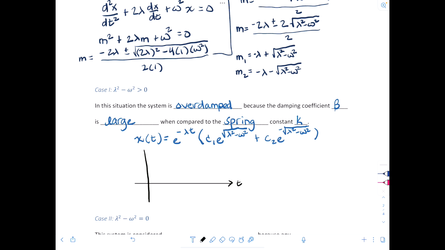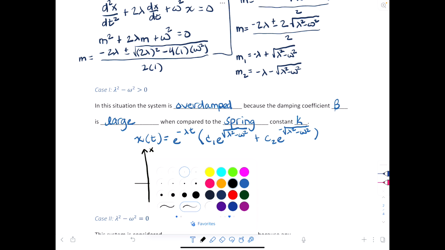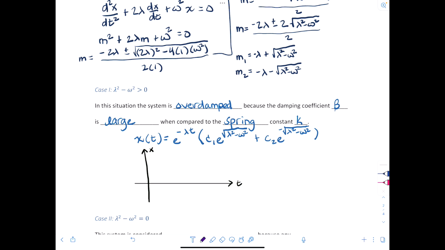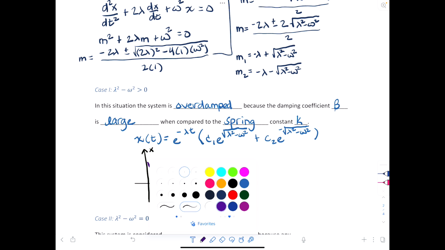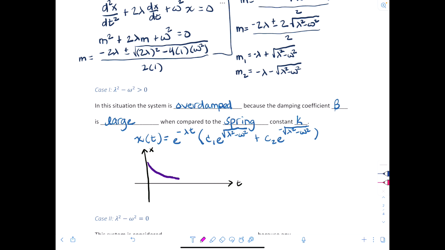So it's going to look something like this. t would be on the horizontal, x would be on the vertical, and then there's a couple of pictures that it could look like. You could have something that looks like this. You could also have something that looks more like this.